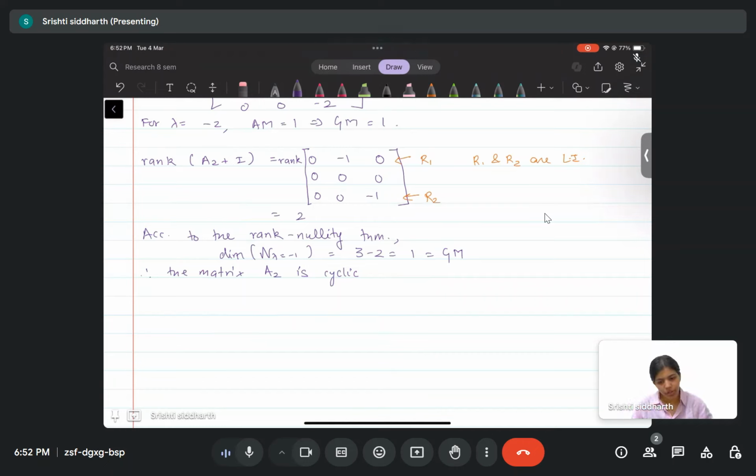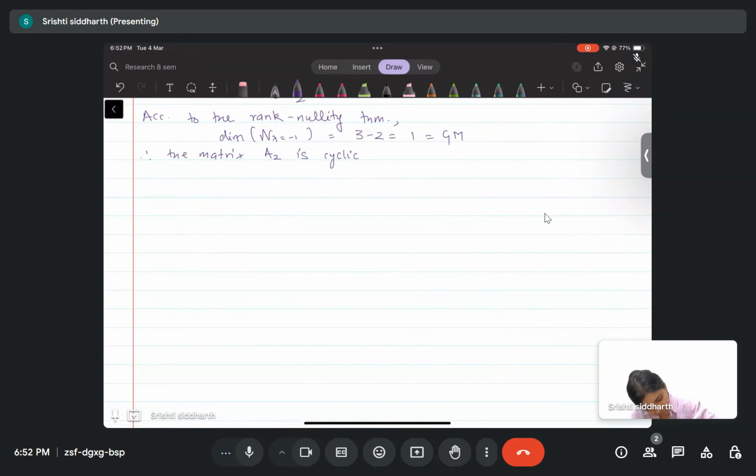Let's move on to the next question. Okay, so consider the LQR system x dot equals Ax plus Bu, where we have the following matrices.